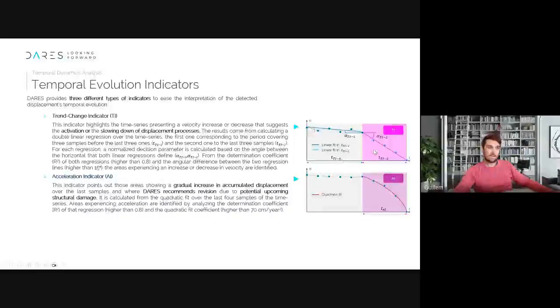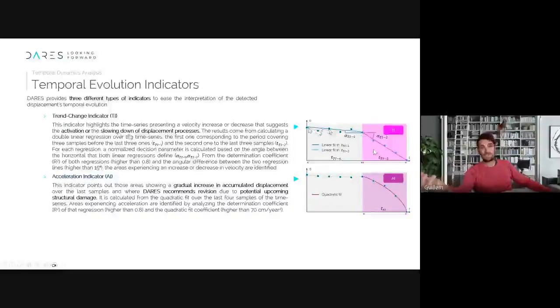There was a constant velocity of displacement, and each point is the info you have for a given image. If we are working with Sentinel-2, we get one image at a certain time, then after 12 days, another image, 12 days more, 12 days more. So here there was a constant velocity of displacement, then it increased, and it remained constant.